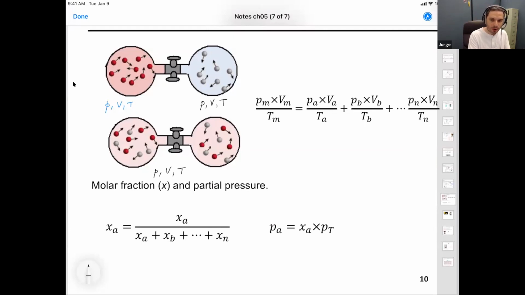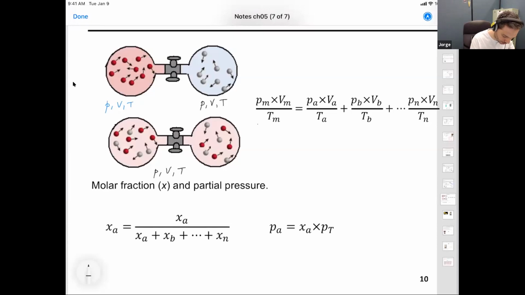Dalton's law allows us to calculate the pressure, volume, and temperature of the final state as a sum of the individual pressure, volume, and temperature.